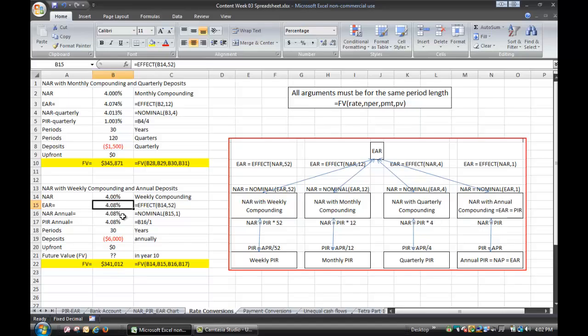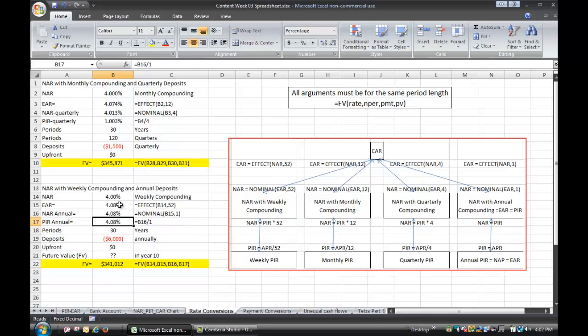That gives us 4.08%. And then the little trick here, to go from EAR to nominal, you only have one compounding period because it's annual. There's one per year. So it's B15, 1, which means you get the same value for NAR annual. And the PIR is the NAR annual divided by 1.